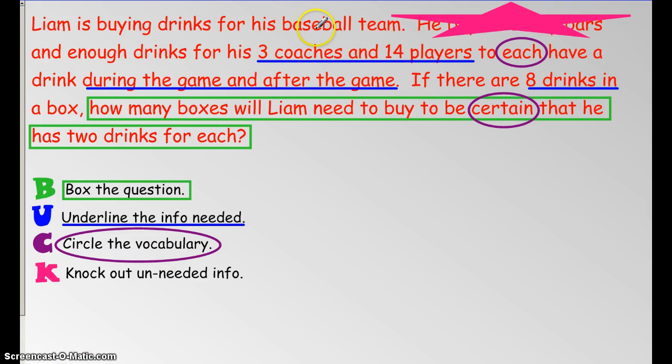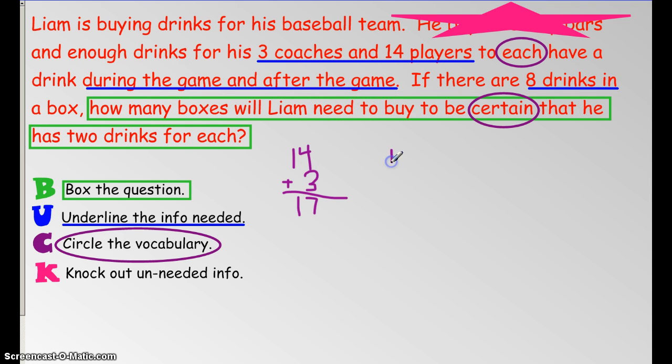Okay, the first thing I look at is I know there are 3 coaches and 14 players. So I'm going to go ahead and add 14 plus 3 to tell me how many people altogether will be needing a drink. And I know that now there are 17 people that need drinks. Then it says that each person has a drink during the game and after the game.